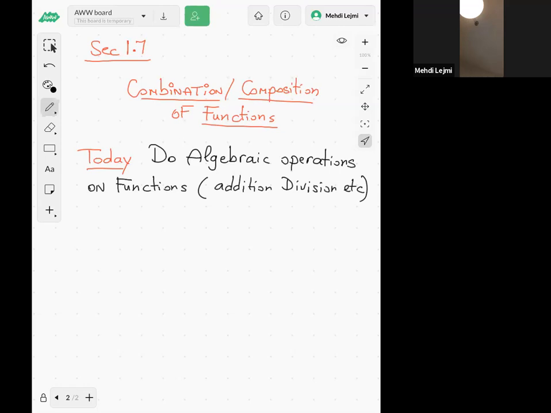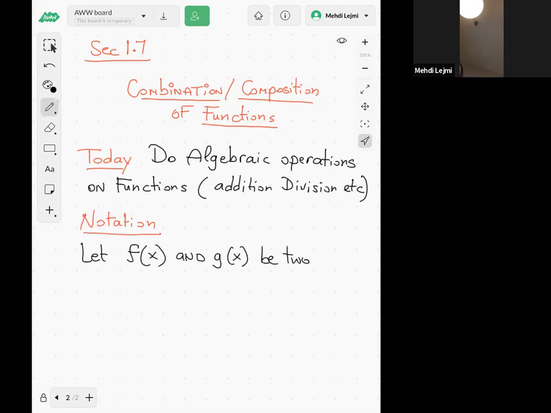I'm going to introduce some notation here for these operations. Let's say you have two functions, f of x and g of x. So let f of x and g of x be two functions.